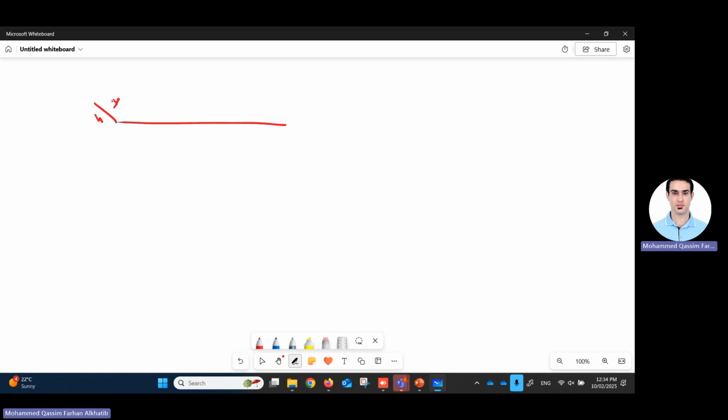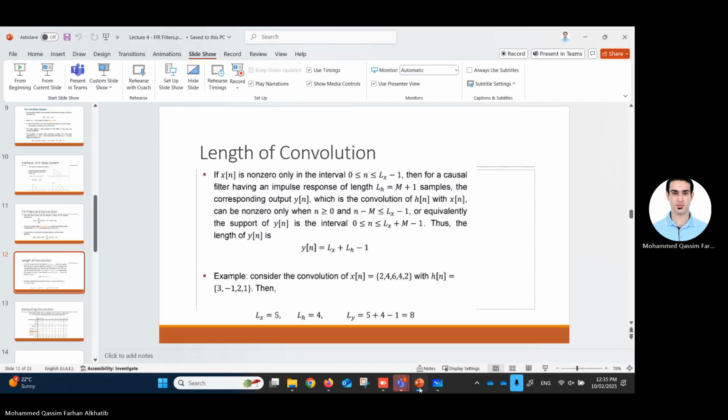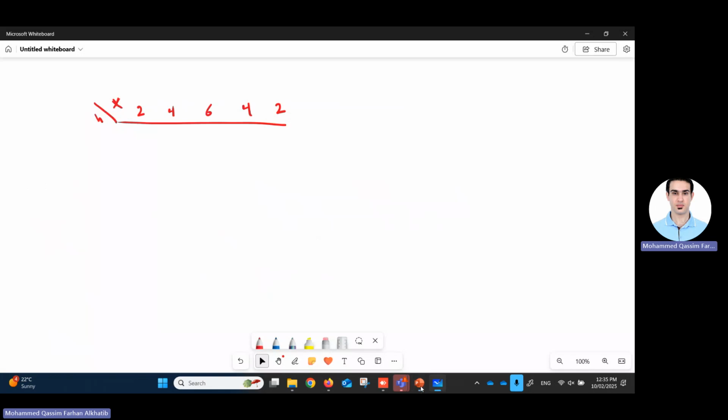So x has values 2, 4, 6, 4, 2. And what is the value of h? 3, negative 1, 2, 1. And let's imagine this as a matrix.